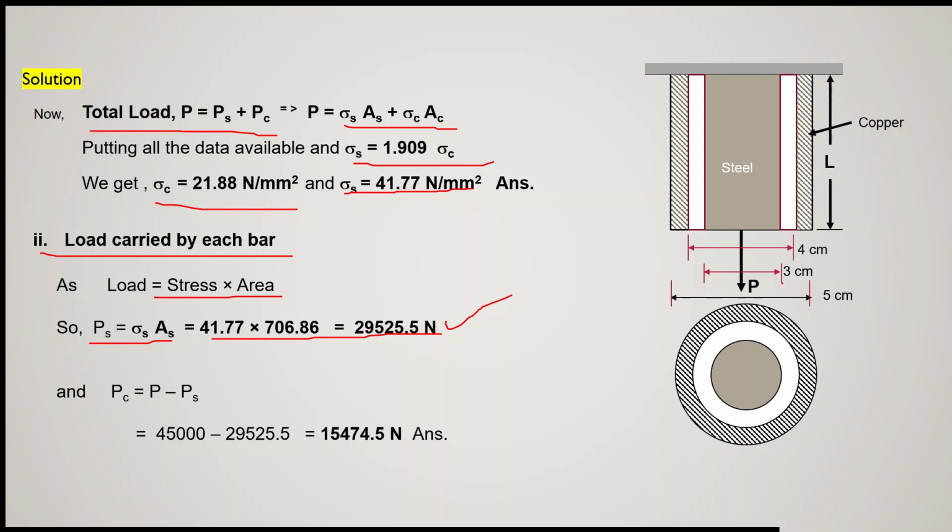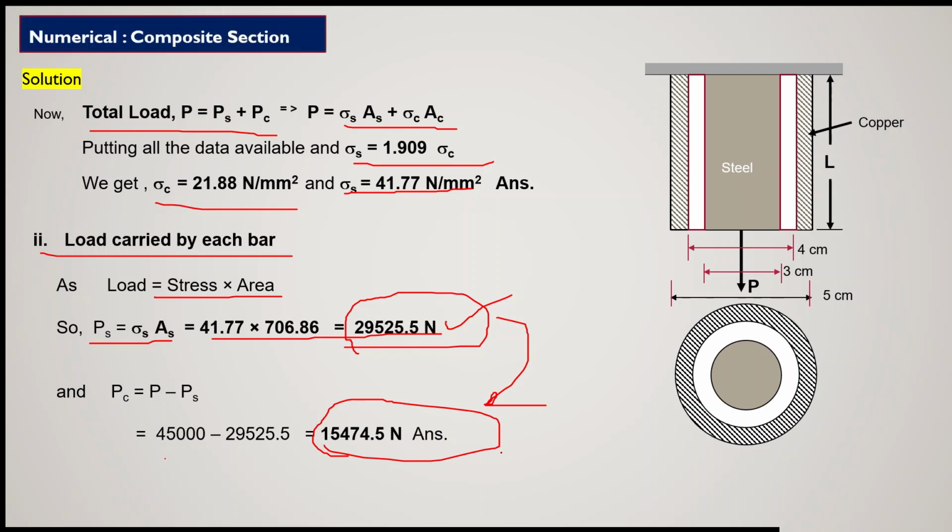Out of the total load of 45,000 Newton, this much load is taken by steel, and similarly this much is taken by concrete. One thing to keep in mind is that steel takes more load as compared to concrete because the strength of steel is quite higher than the strength of concrete.